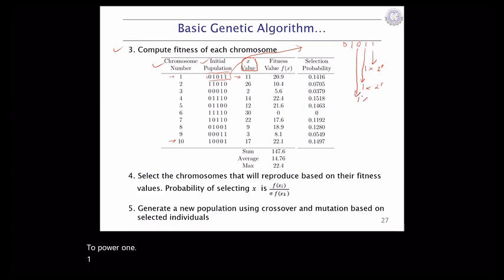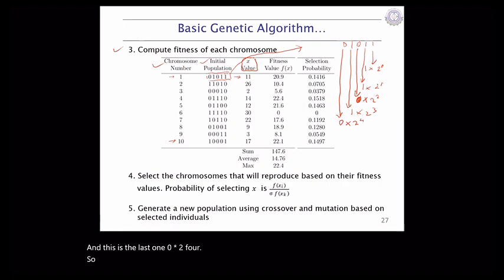The third one here is 0 times 2 power 2. And this is the fourth, 1 times 2 power 3. And this is the last one, 0 times 2 power 4.